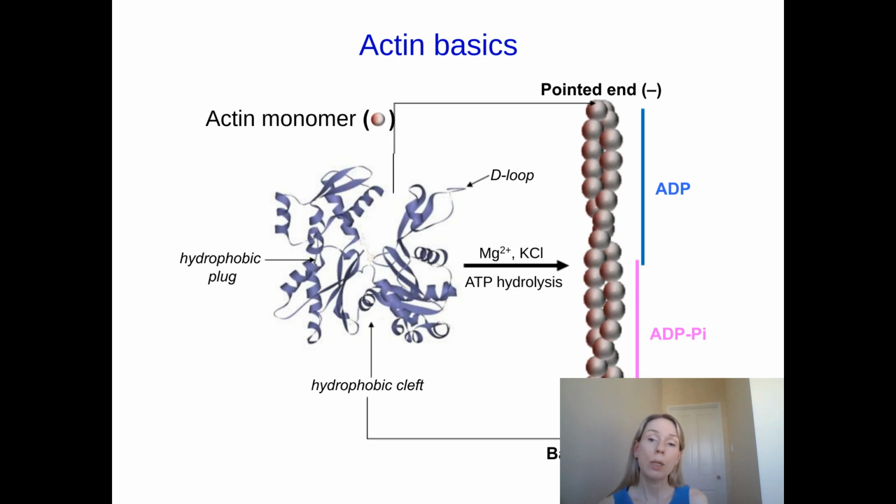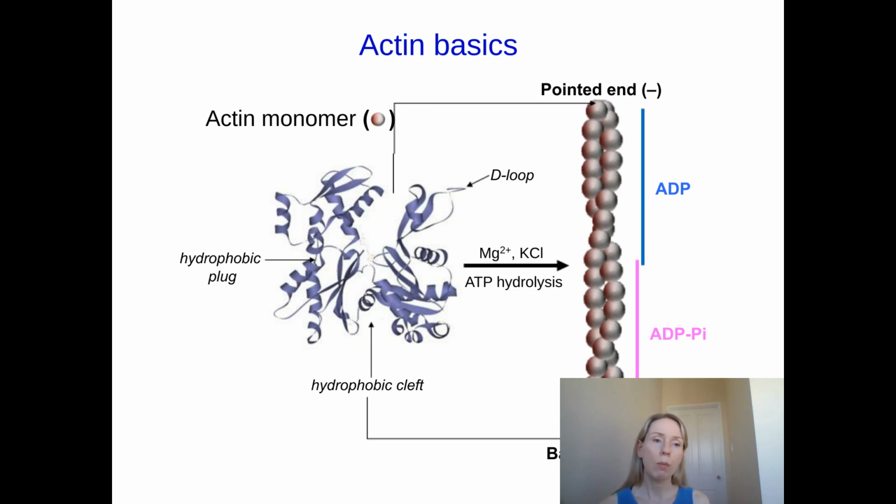The other way around, if I take purified polymers and remove magnesium ions, with the lower ionic strength of the buffer, my polymers will fall apart into monomers.